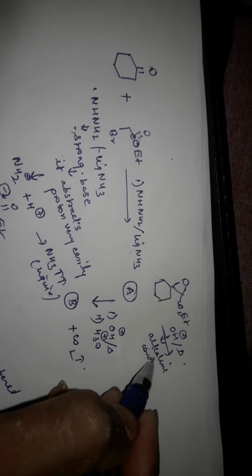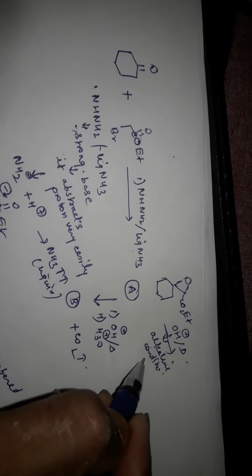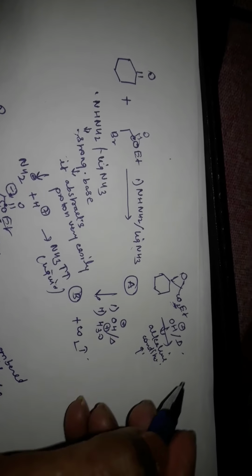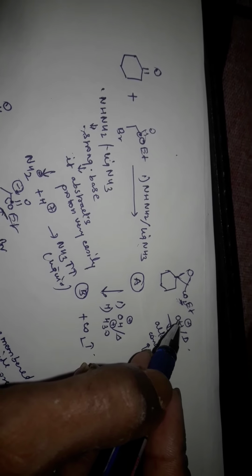Why is alkaline condition given? When alkaline condition is given here, the ester will be hydrolyzed first of all, and because here there is a three membered epoxide ring, it will be stabilized, meaning alkaline medium stabilizes the epoxide ring, there will be no effect. If acidic condition is given here, then it will be unstabilized. That's why basic alkaline medium is given here.